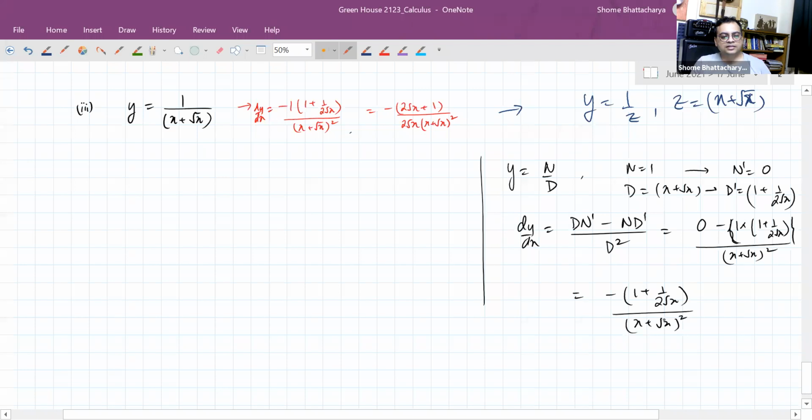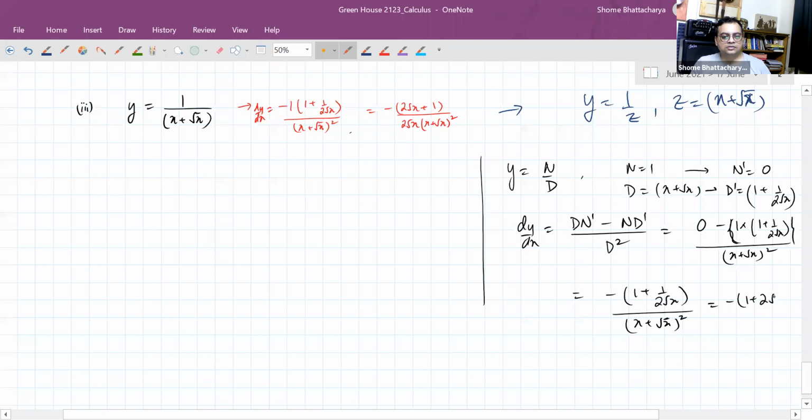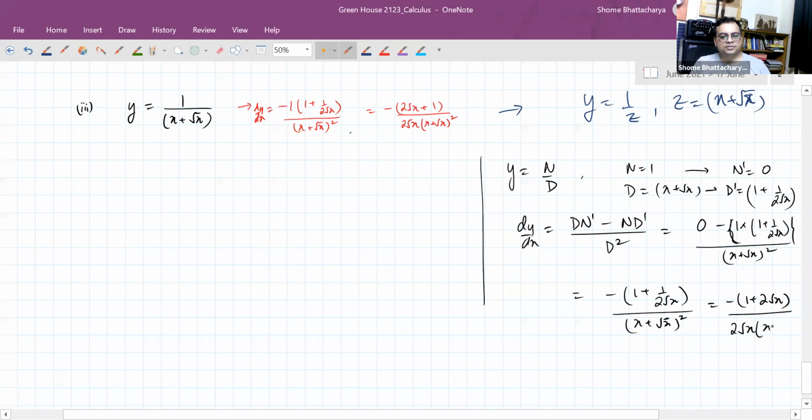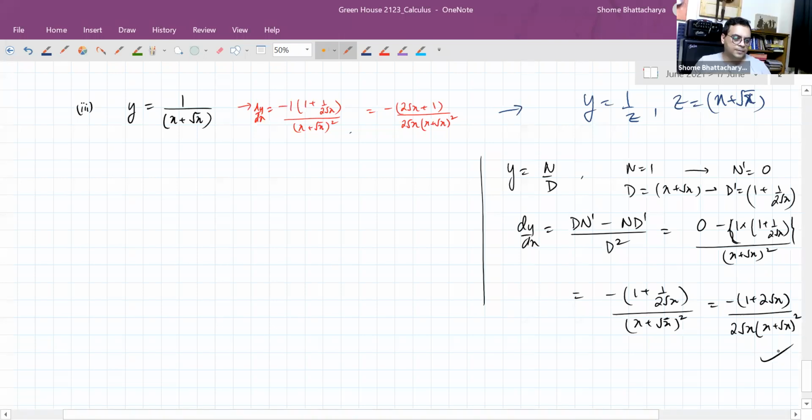In fact, the first time I did the question above, I did it this way only. Now, sir, can we just take LCM? Yeah, sir. So it is 1 plus 2 root x divided by 2 root x into x plus root x whole square. Correct? You can take out the x. Okay, yeah, we can do that also.